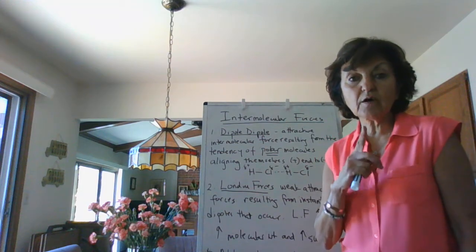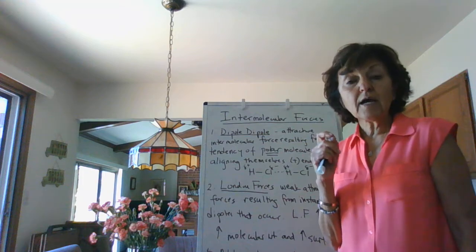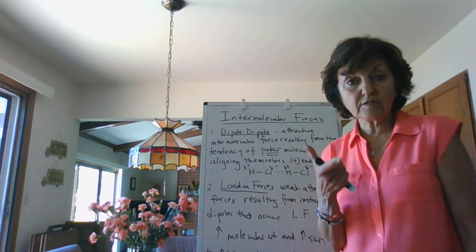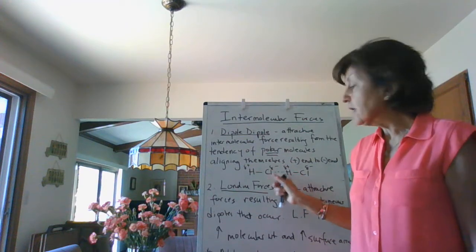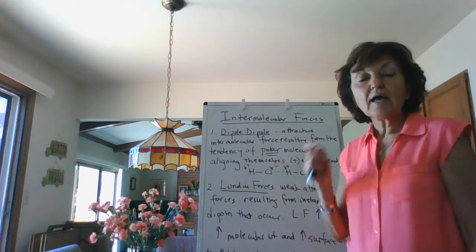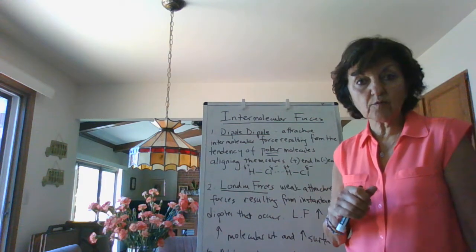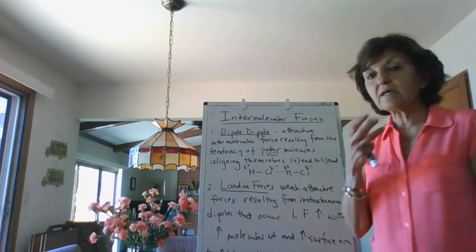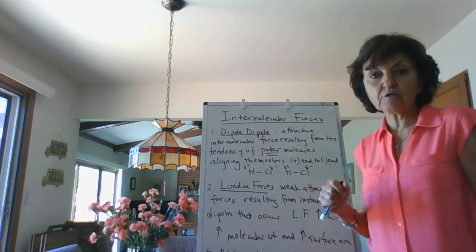Remember, for a hydrogen bond, as we're going to learn in a little bit, the hydrogen has to be bonded to a fluorine, oxygen, or nitrogen, not to a chlorine. So this is not hydrogen bonding. This is dipole-dipole. And any polar molecule can do dipole-dipole. It's an electrostatic attraction between the partial positive and partial negative.